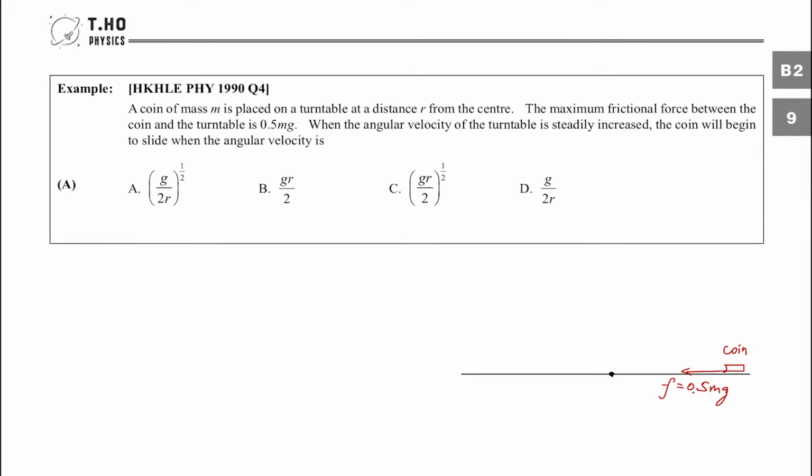Firstly, when the turntable is rotating, if the coin is not going to skid, the centripetal force required would be given by m r omega square. So here we have the friction to provide the centripetal force, and the friction is given by 0.5 mg.